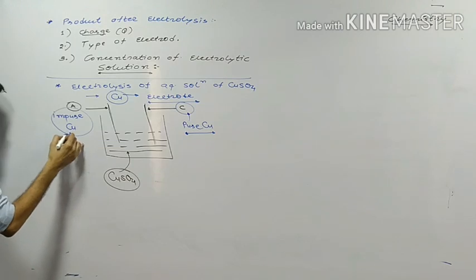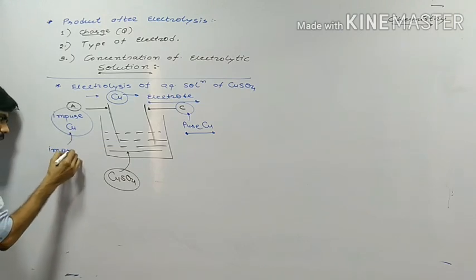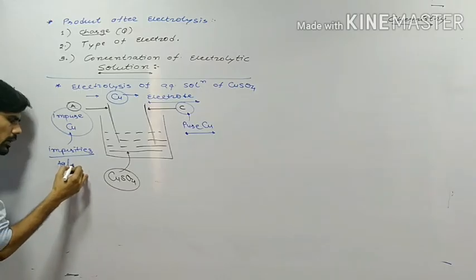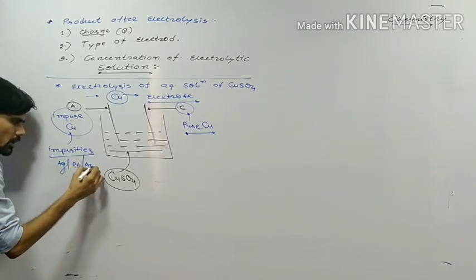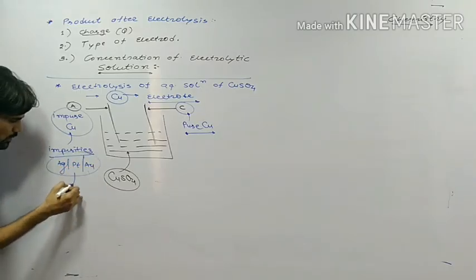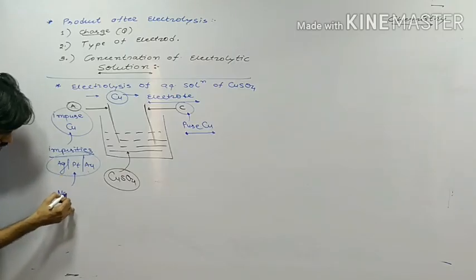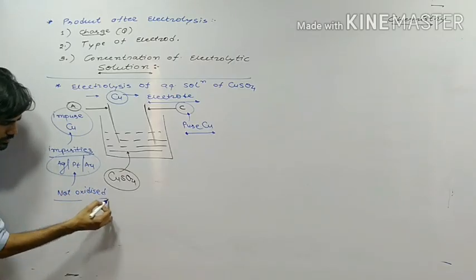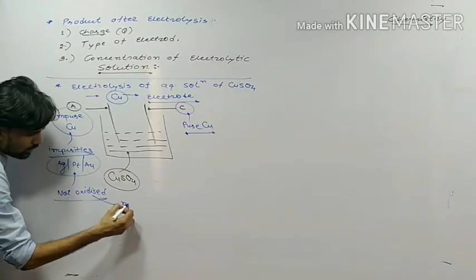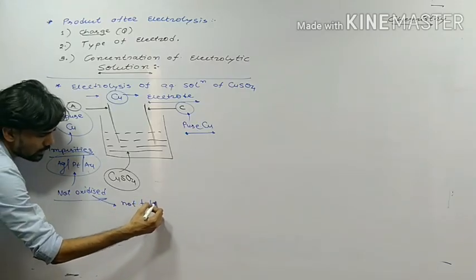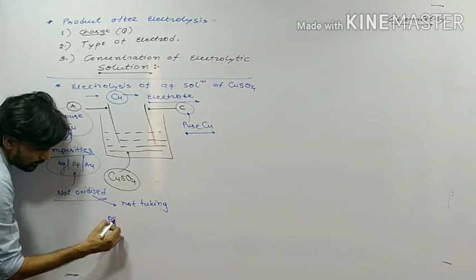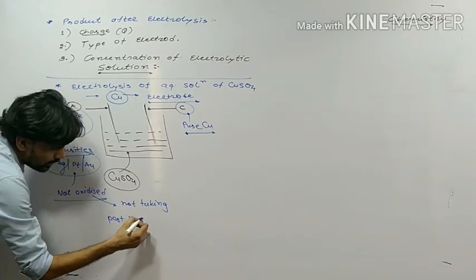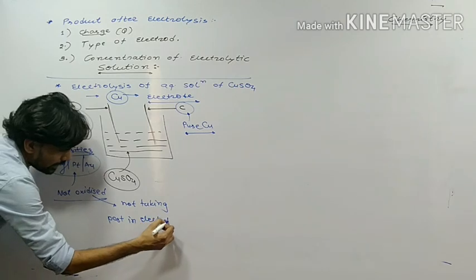As impurity, there are silver, platinum and aurum, which are not oxidized or not taking part in electrolysis.